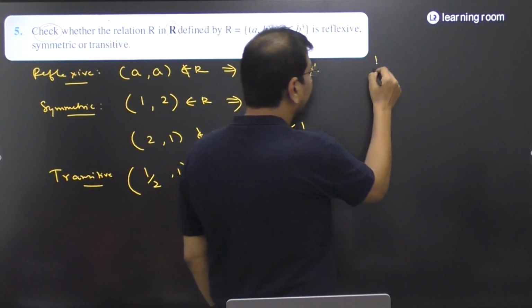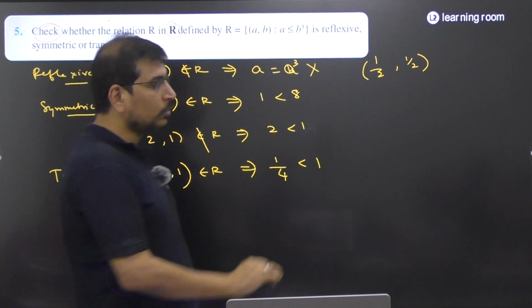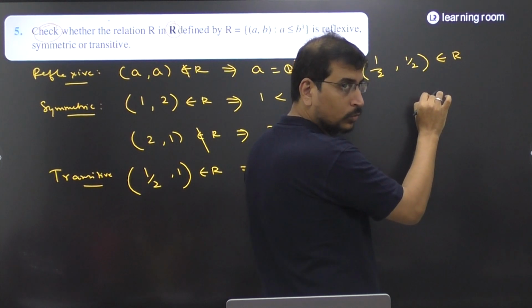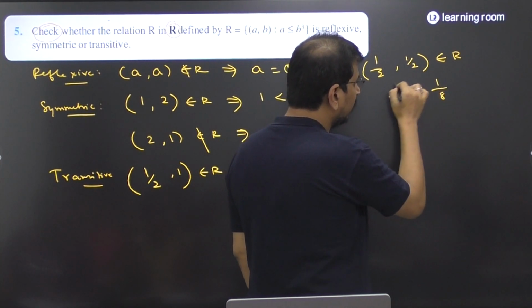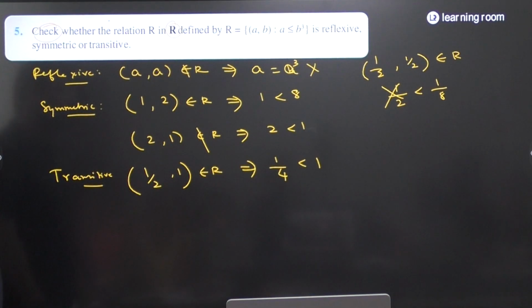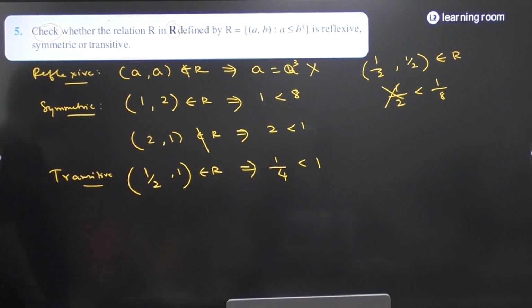See, for example, I take (1 by 2, 1 by 2). Does this belong to the relation? No. 1 by 2 is less than 1 by 8? Wrong, that's 0.5 and this is 0.125, right? So it's not possible. Every number in the domain set should satisfy.